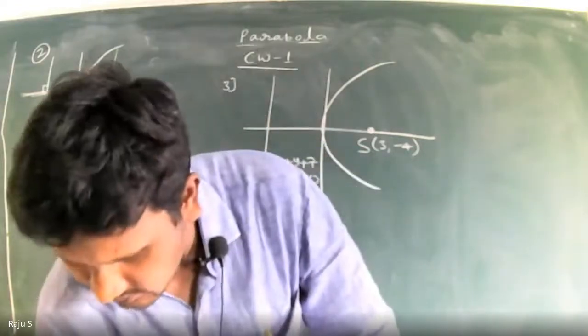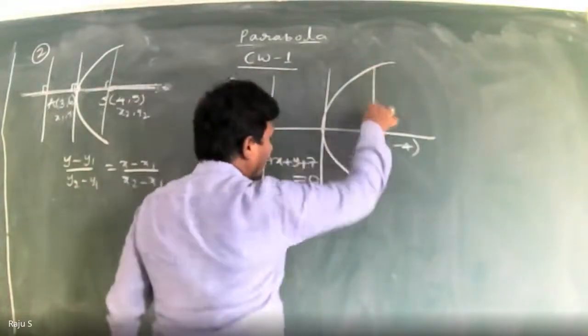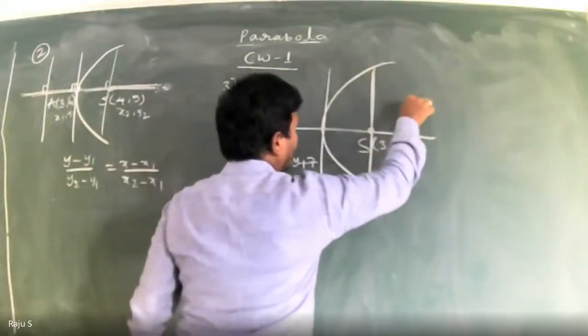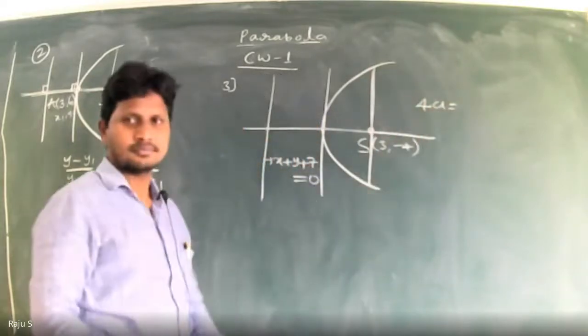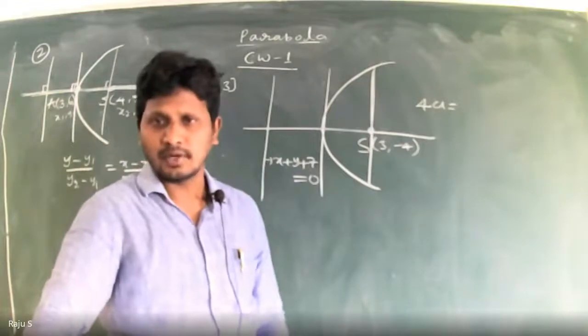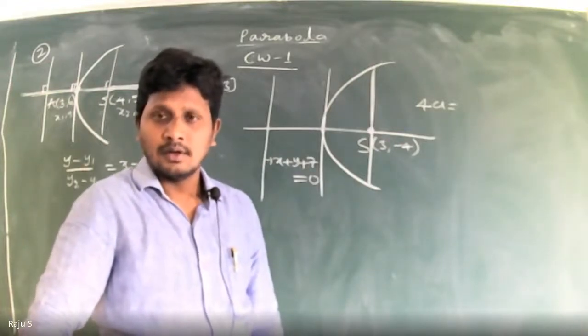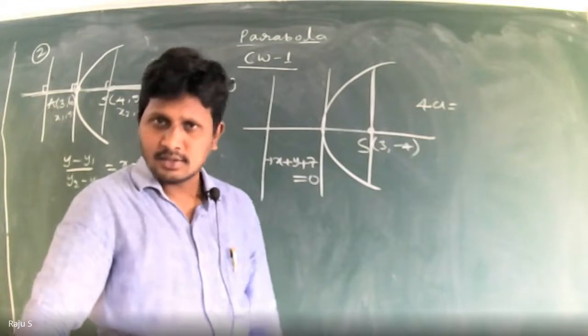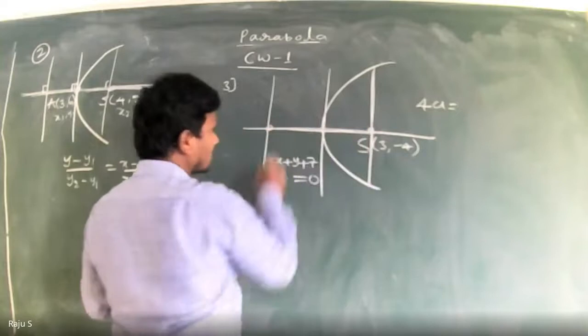Then they are asking the length of the latus rectum. We know that the length of the latus rectum is always 4a. But we know the distance between the directrix and the focus.